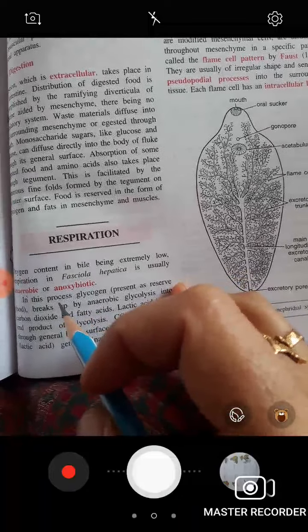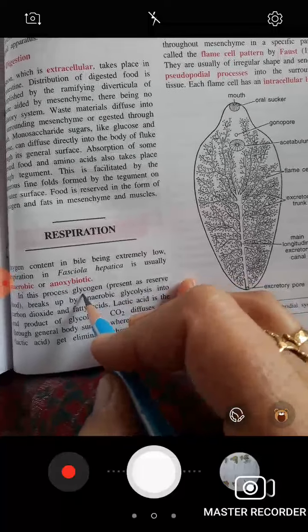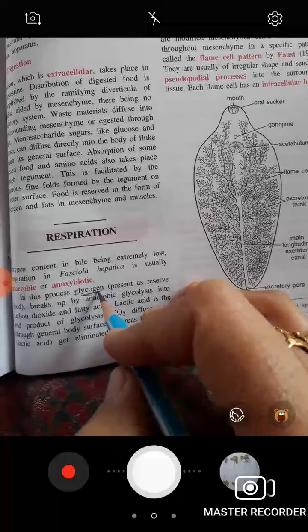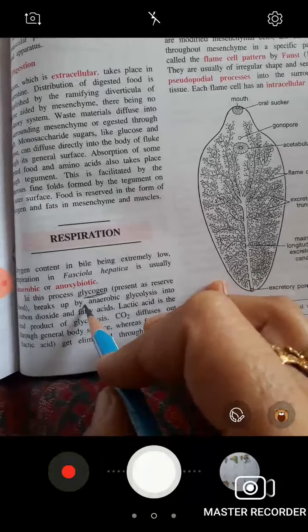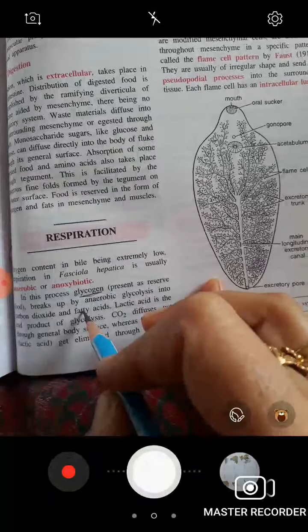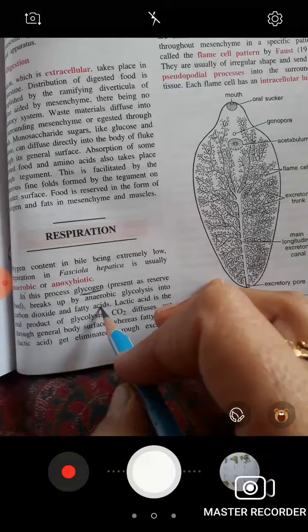So what happens in the anaerobic respiration in this process? Glycogen, the reserve food in the Fasciola, breaks up into carbon dioxide and fatty acid by the process of glycolysis.